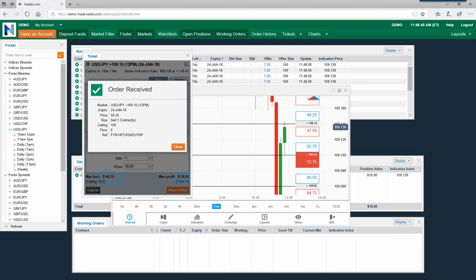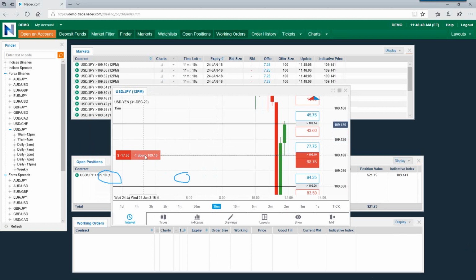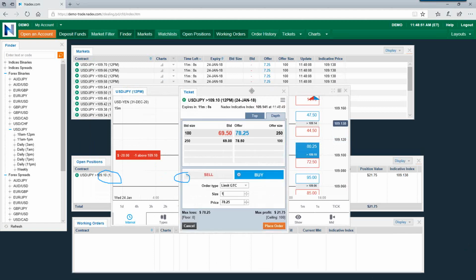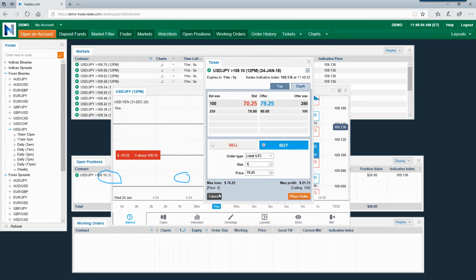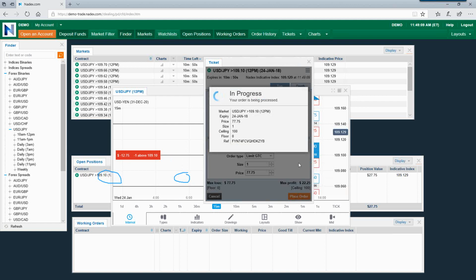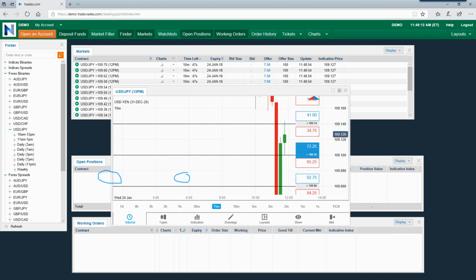Now, price is going against me, and I'm like, no, I need to get out of this right now. When I go back in to exit this, the max loss and the max profit is not correct, because this is for entry. I'm exiting, so I'm going to have to calculate what my actual loss was.